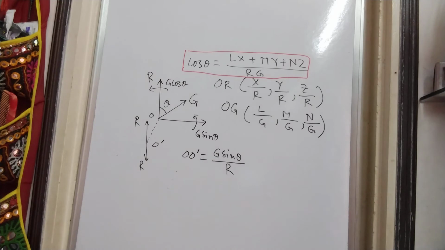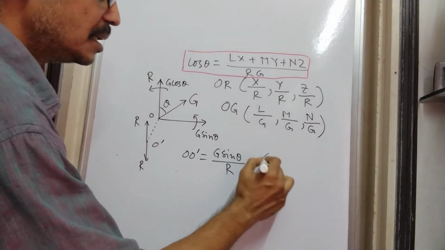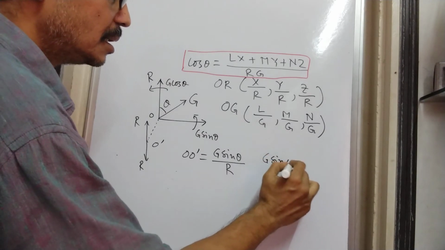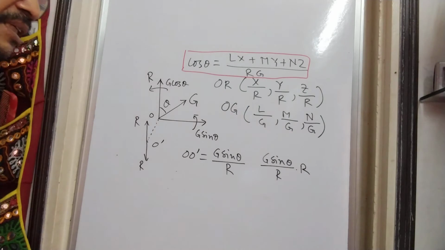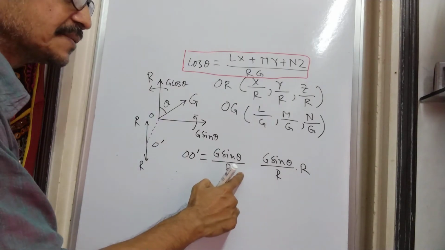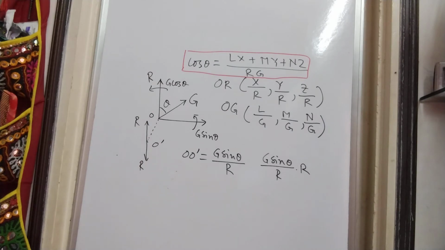And what is the moment of the couple? It will be G sin theta by R into R. Isn't it so? Because this is the distance and the forces are R and R. So what are we left with?